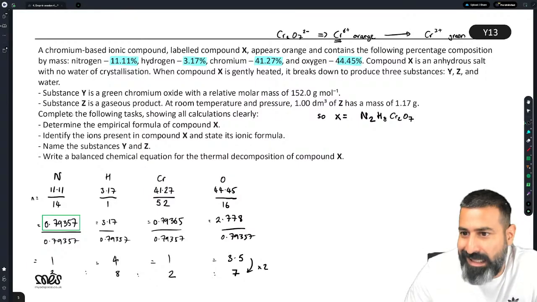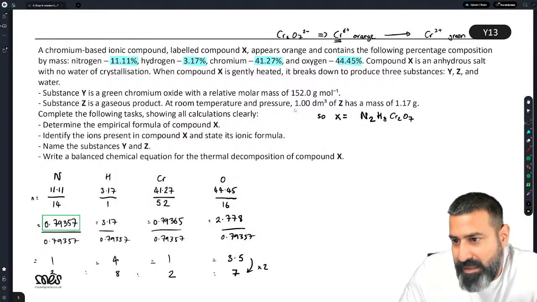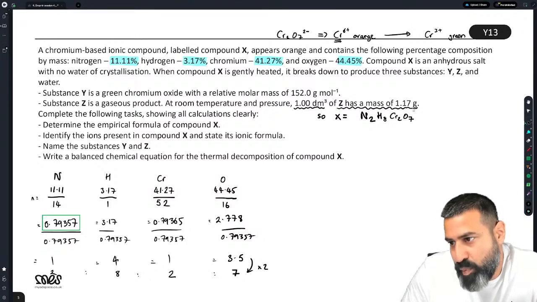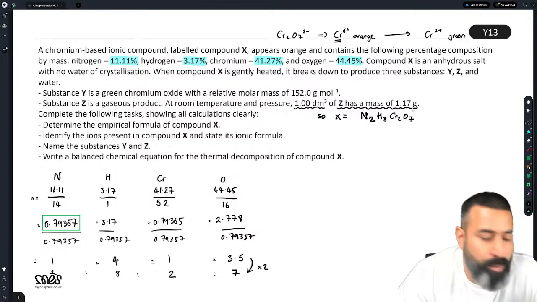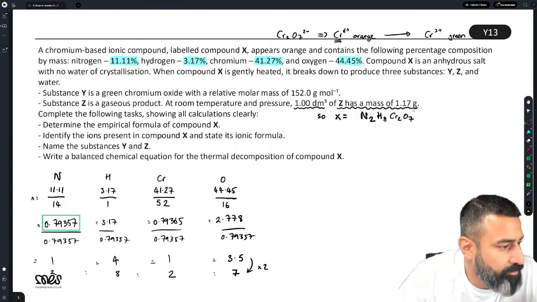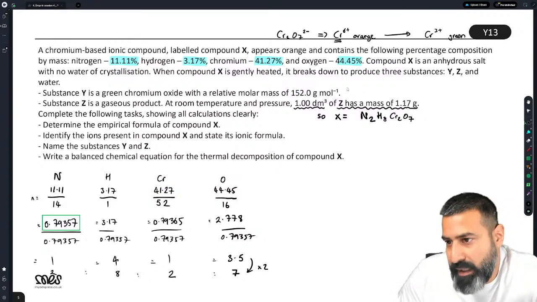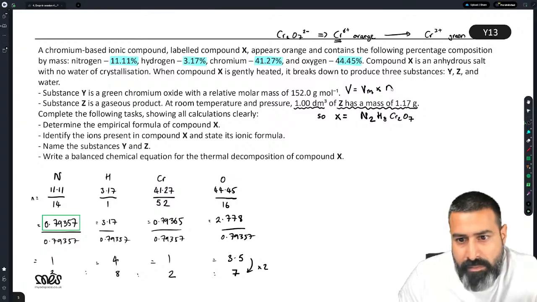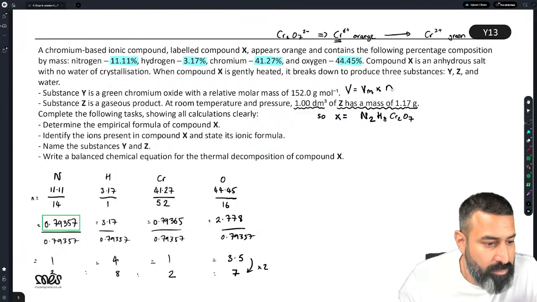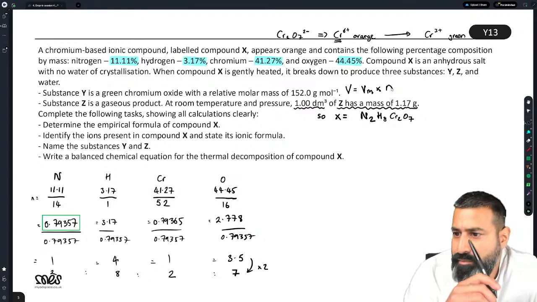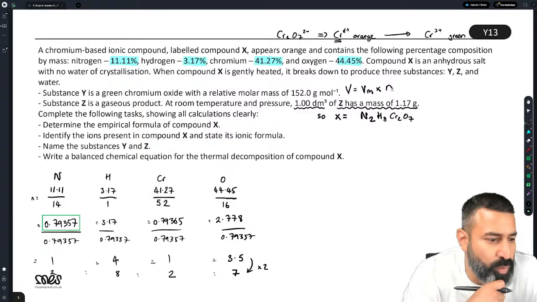So substance Z is a gaseous product. At room temperature and pressure, 1 decimeter cubed of Z has a mass of 1.17 grams. Okay, what are we going to do to calculate this? So I'm thinking that the volume is equal to the molar volume times the number of moles. Agreed? So what could I do here?